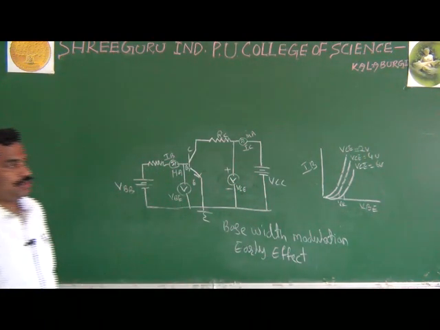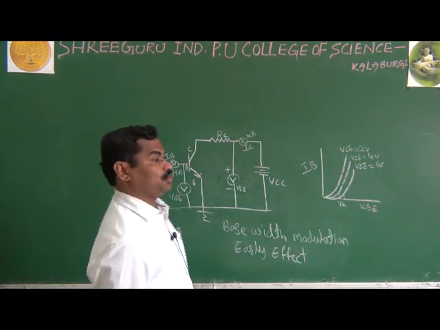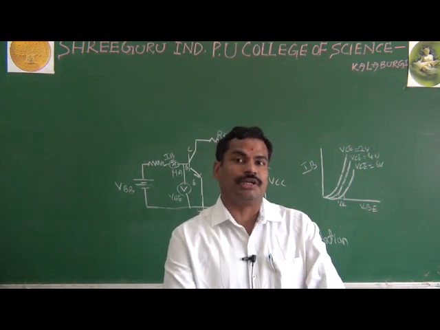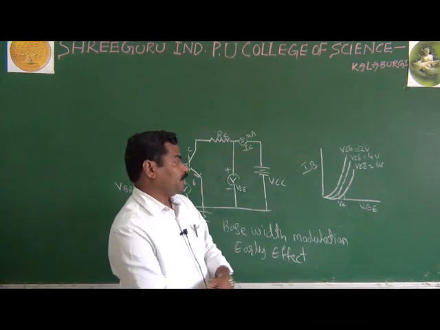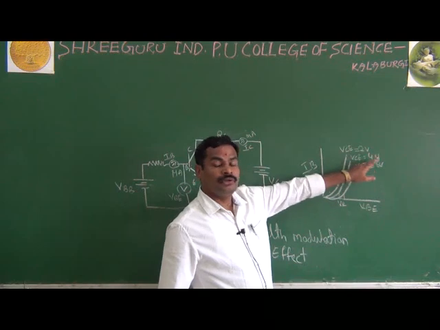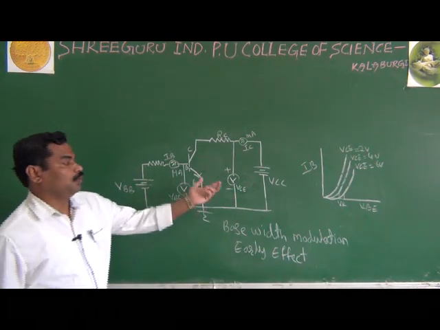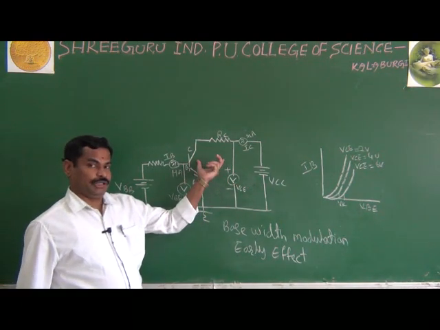Actually, here what happens? As you studied in your first year about diodes in reverse bias, the VCE is nothing but the output voltage, and we know already that the output section is in the reverse bias.